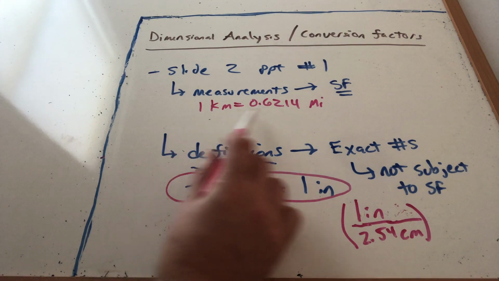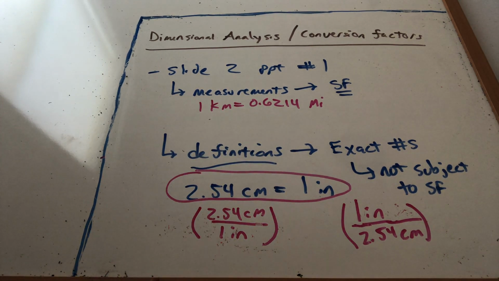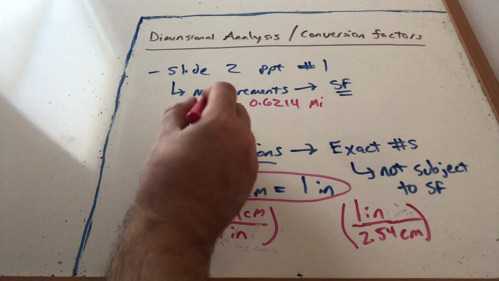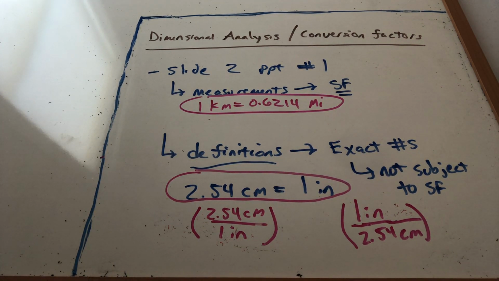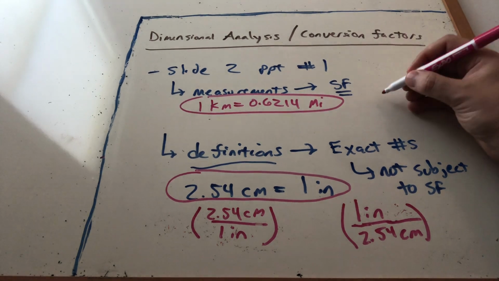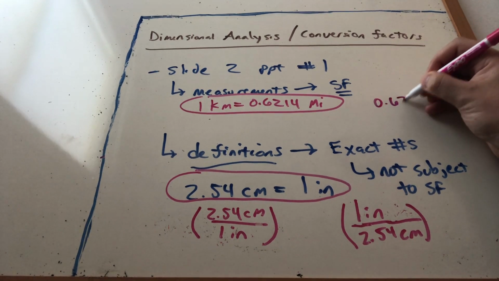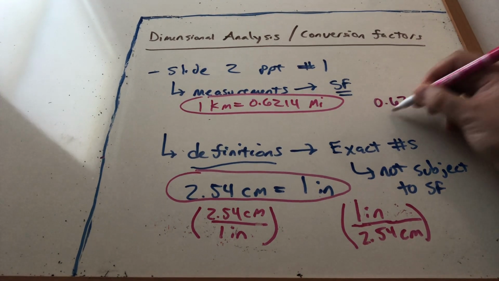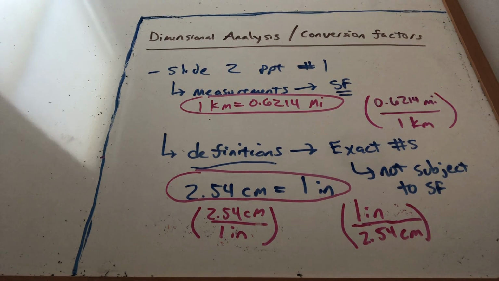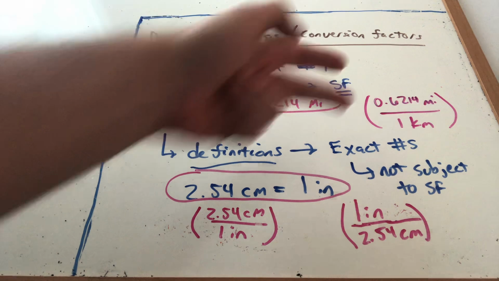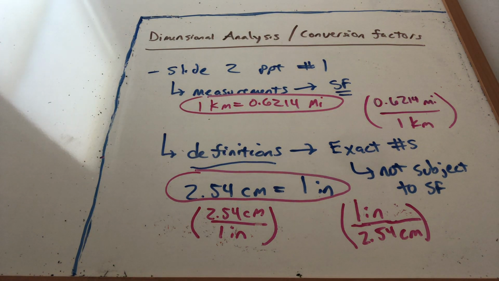On the other hand, up here, this is a measured conversion factor. 1 kilometer is 0.6214 miles. This is something that's given to you as measured. Now, we should be able to build two conversion factors from here. 0.6214 miles is 1 kilometer is a fraction that we could build, or we could build the opposite with the 1 kilometer on top.